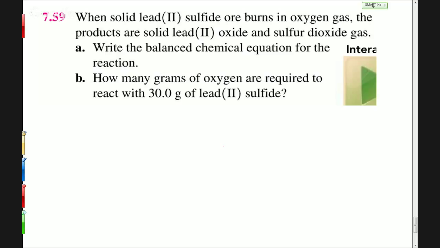Anybody? No, come up and draw it. Can I try? Yeah. But it's not balanced. Okay, that's fine. Let's answer it. Thanks. What about this?